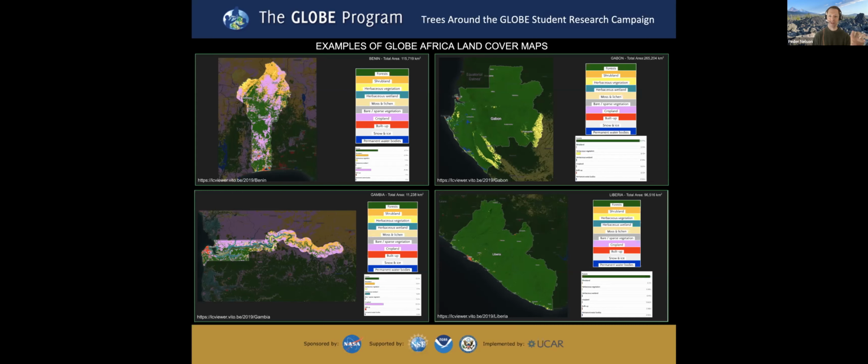So that's a really interesting pattern that I have all kinds of questions about. Why does it look that way? In contrast to both Gabon and Liberia, which appear to be much more continuous green. And so I just have that question. Why do these countries have different arrangements of these green colors? And what does that mean?